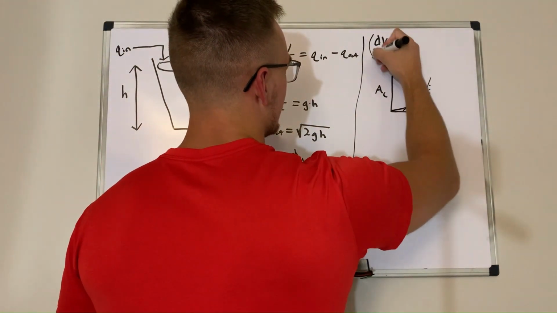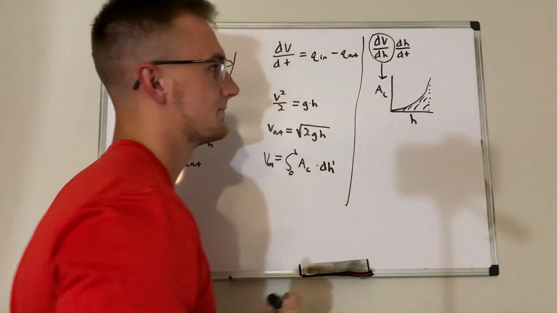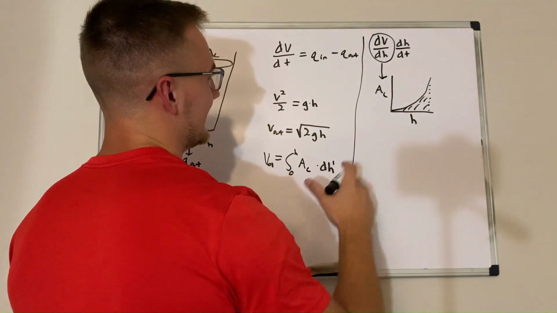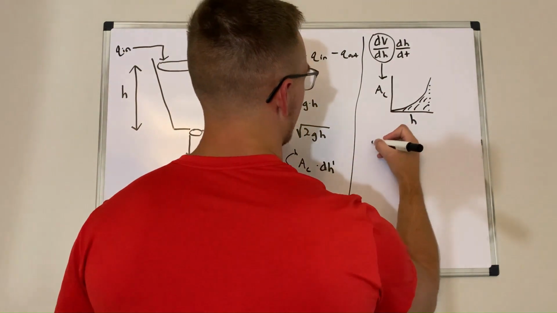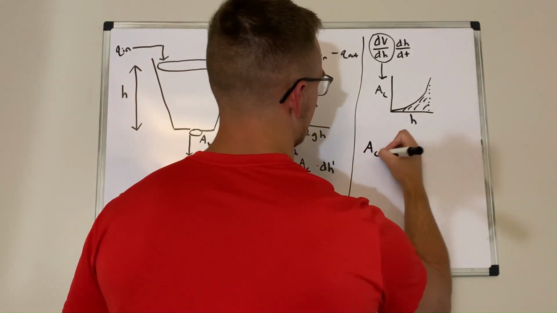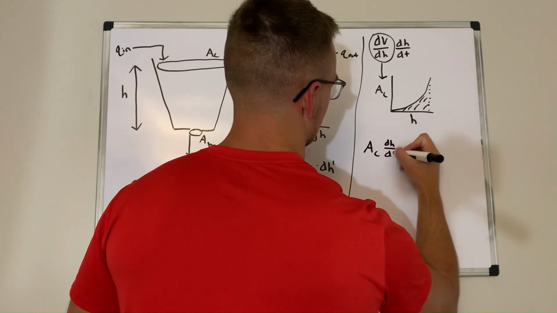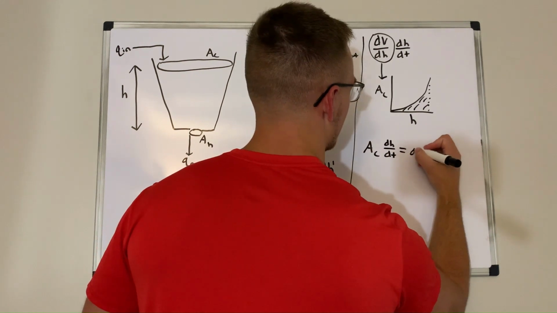So we can say that this term is equal to the cross-sectional area. Now we can combine some of the ideas that we have expressed, and what we have is our cross-sectional area times dH/dt. This is equal to our flow rate in minus our flow rate out.